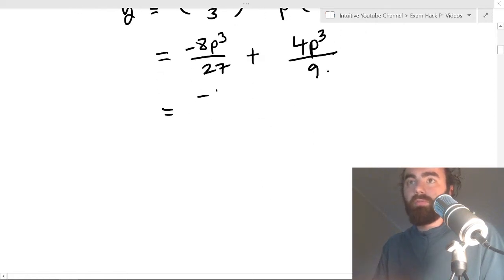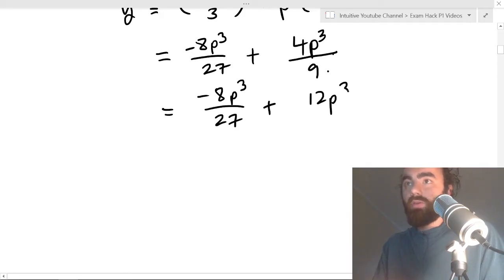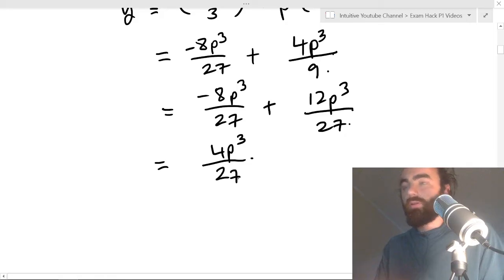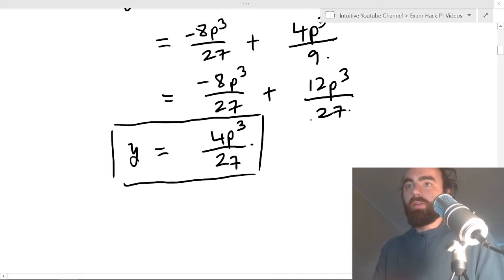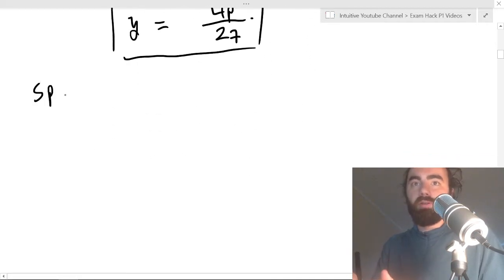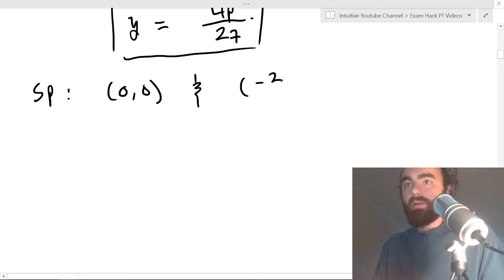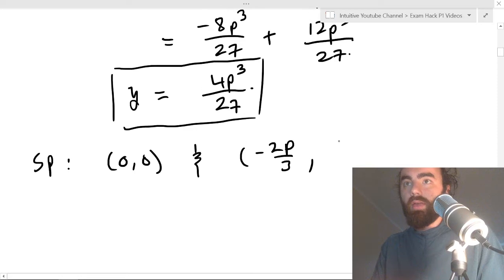If we rewrite this as 12p cubed over 27 and add these two together, we get 4p cubed over 27. So that's the y coordinate. Our stationary points are at 0, 0, and at minus 2p over 3, comma 4p cubed over 27.